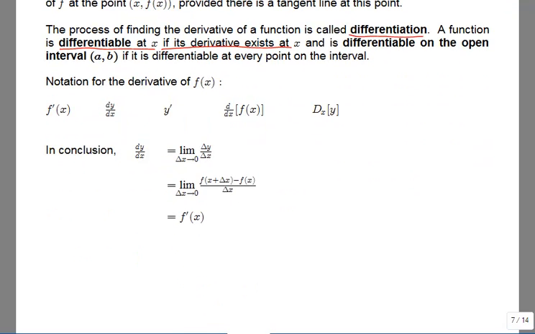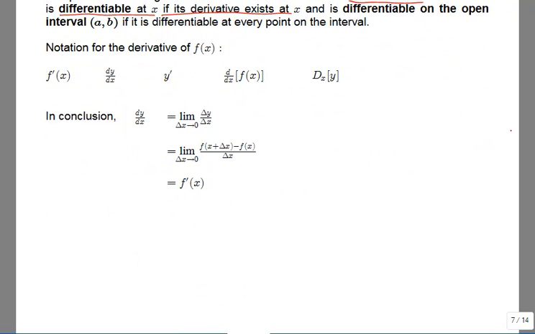Now we're going to see several different notations for the derivative. One of the most common is that f prime notation, so f prime of x. You could also see that written as y prime if you're talking about your function in terms of y's and x's instead of f's and x's. So if you're not using f but you're calling it y, it would be called y prime.